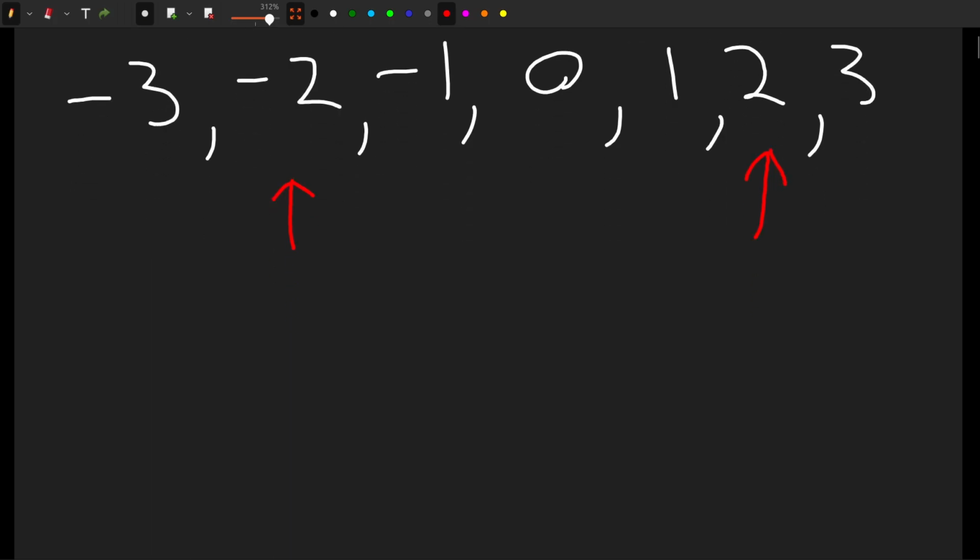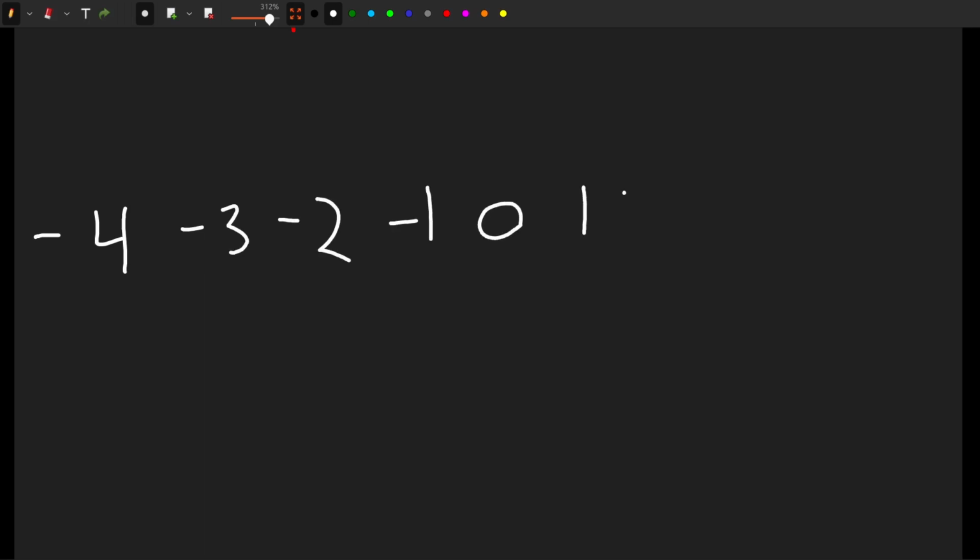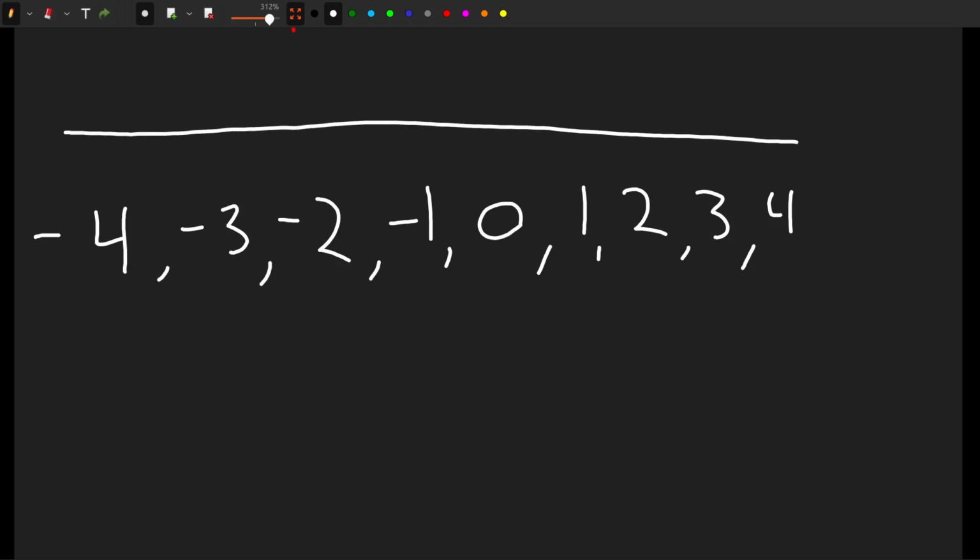And so we can also use this on a number line. So for example, and this will take a moment, but let's say I have -4, -3, -2, -1, 0, 1, 2, 3, and 4 on a number line. So if I draw my number line up top, and I'm going to use a different color for this.